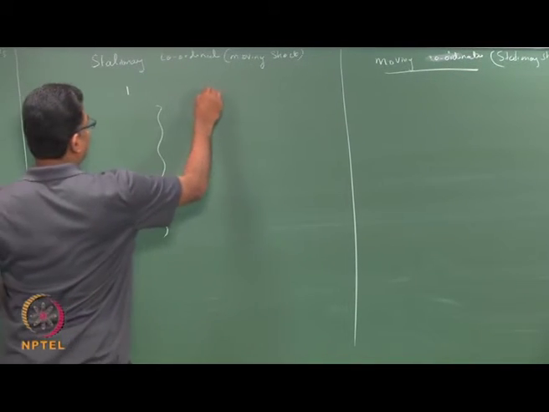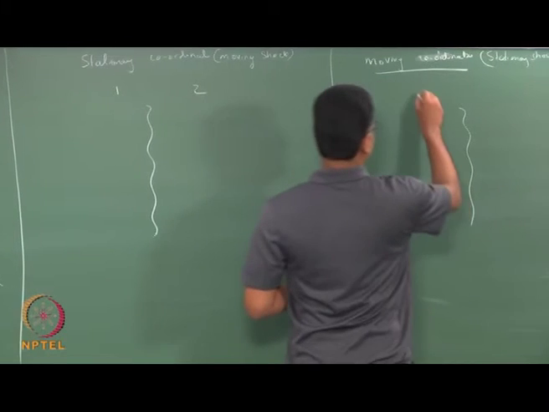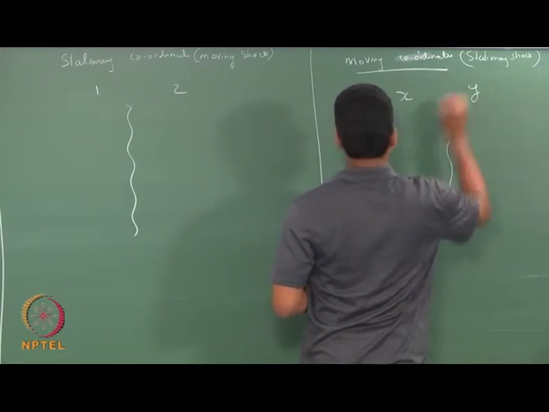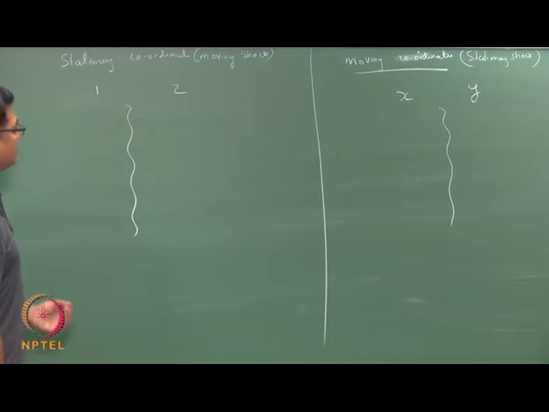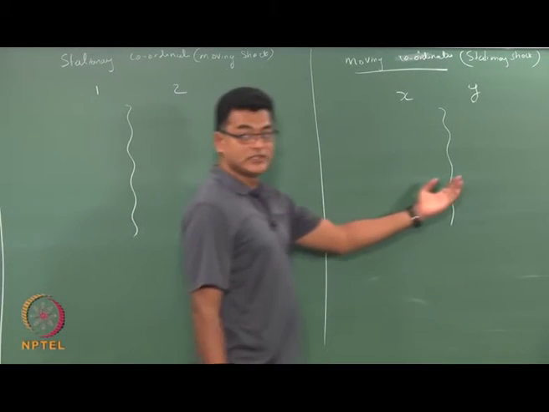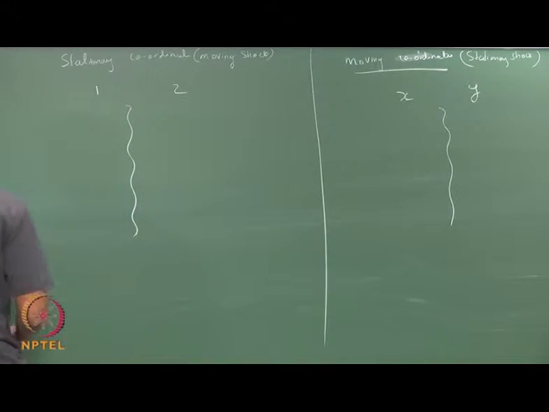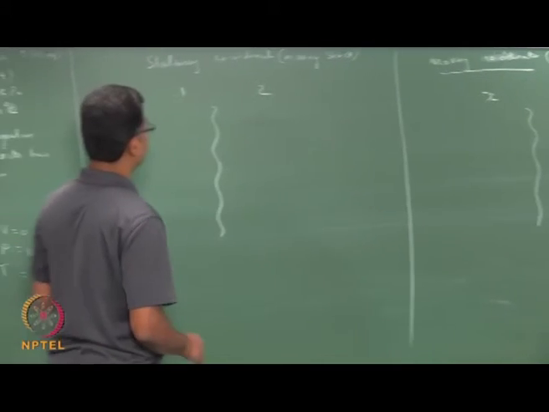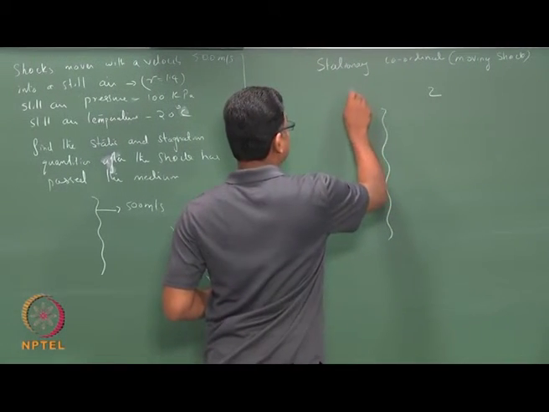This is 1 and 2. I have a shock here with x and y. Okay. So the shock is moving this way. Maybe I will write it the way we had written. It was 1 and 2 the other way, right? So we will say this as 2 and 1.